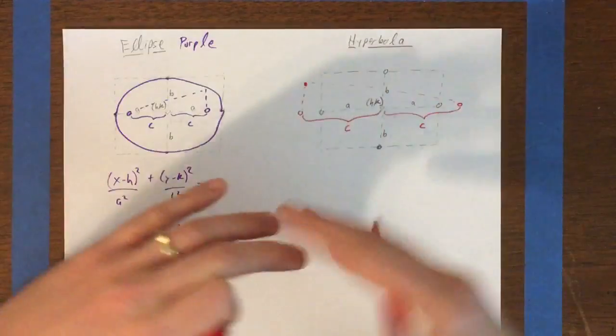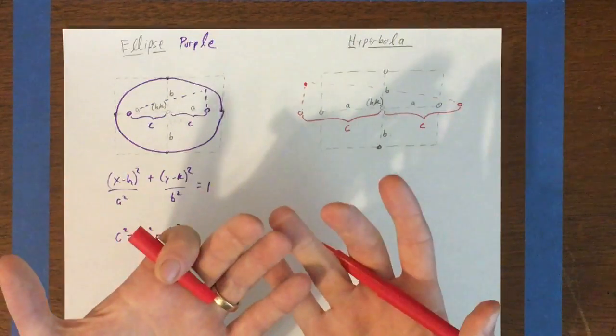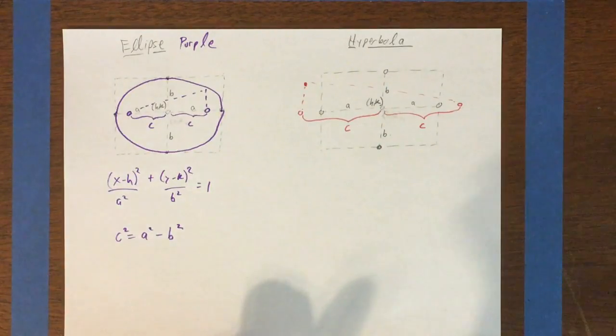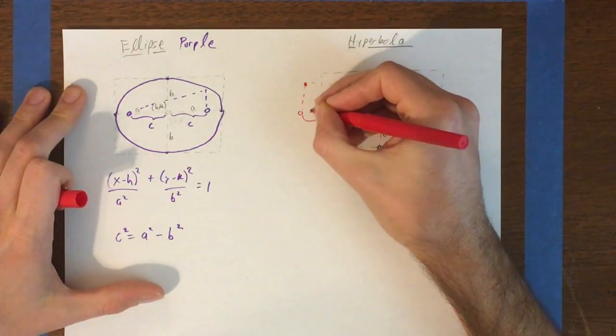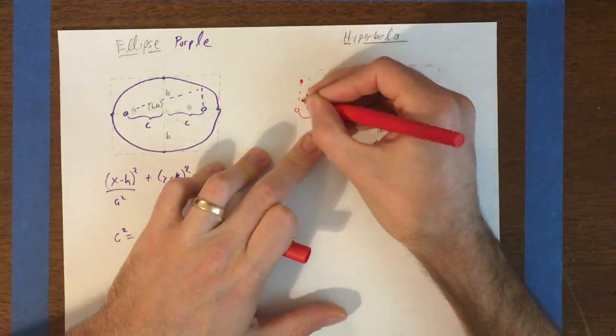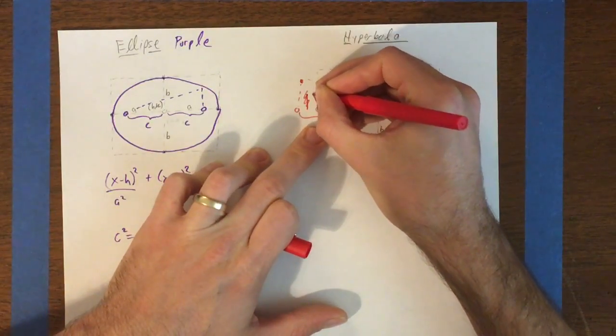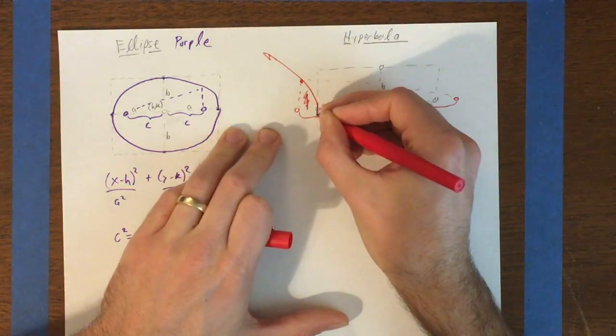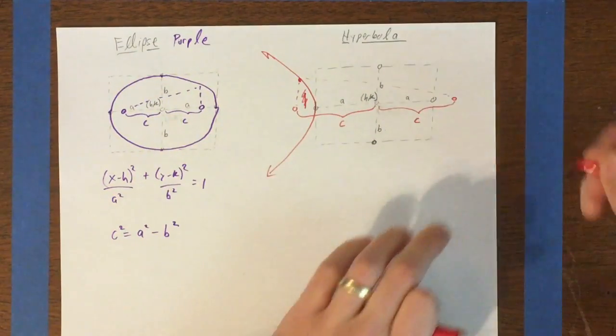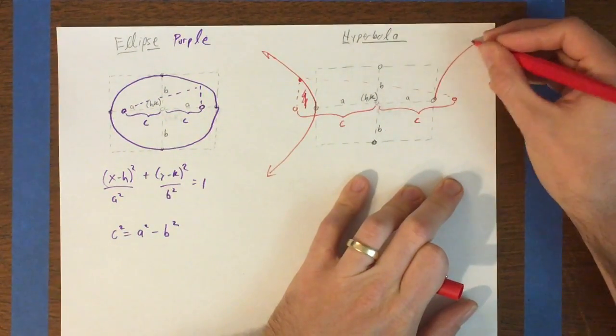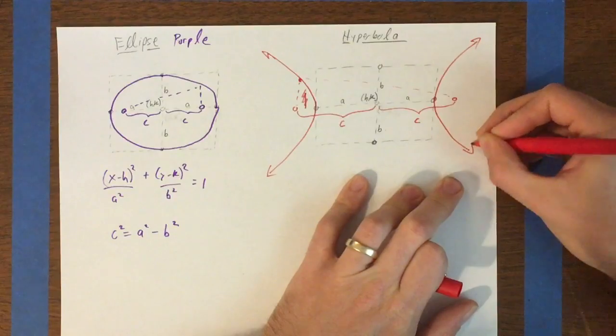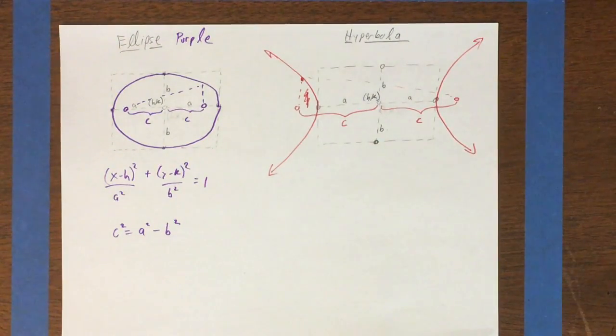You take the distances to the foci, you take the difference of those, subtract them from one another, and set that equal to a constant, which would be 2a again. And you end up getting this nice curve that has two parts, one part over there and another part over here, like that.